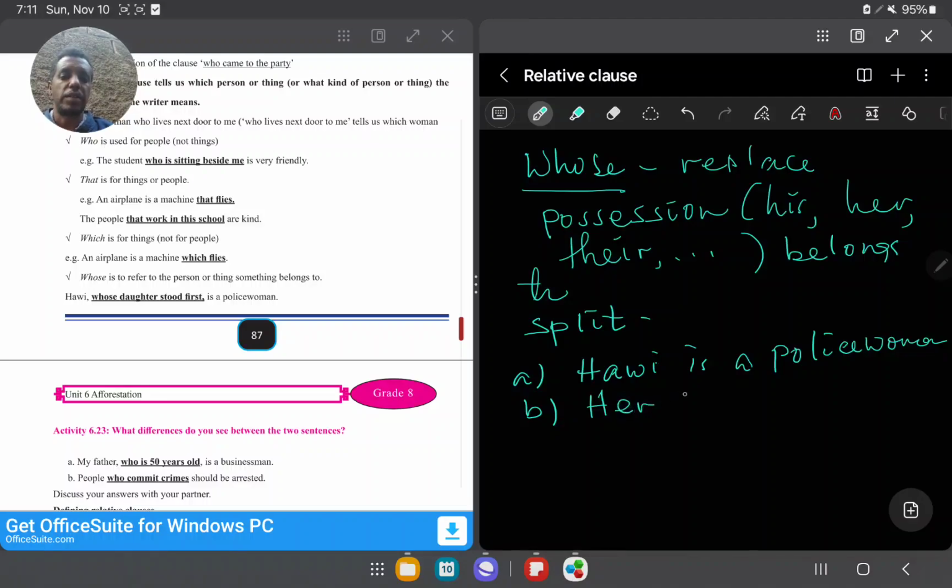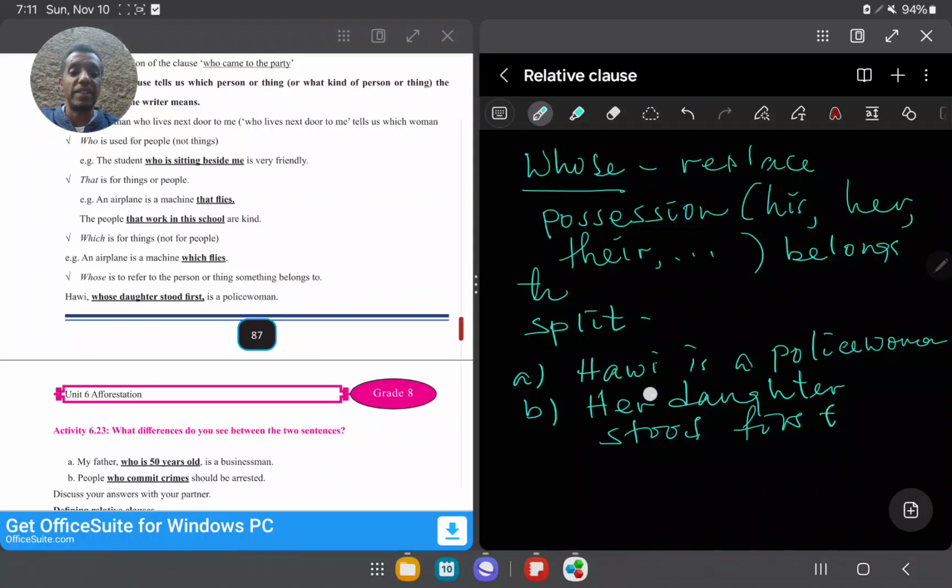Her daughter stood first. Here, students, who is a policeman? It refers to a person. Her daughter stood first. So whose daughter stood first means whose replaces her. ስለዚህ ባለቤትነትን ያሳያል ማለት ነው ተማሪዎች። ስለዚህ በቀላል መንገድ እንደዚህ መረዳት ትችላላችሁ students.